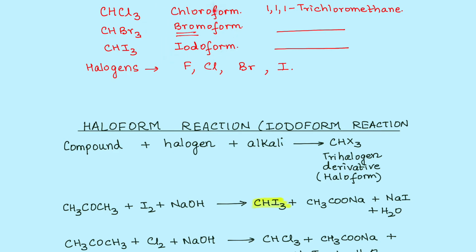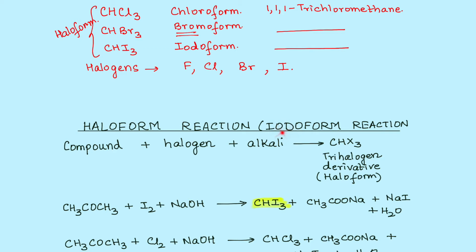This class of compounds is what we call haloform. That means a reaction which involves the formation of one of these would be called a haloform reaction, taking the name from the older system, not from the IUPAC system.